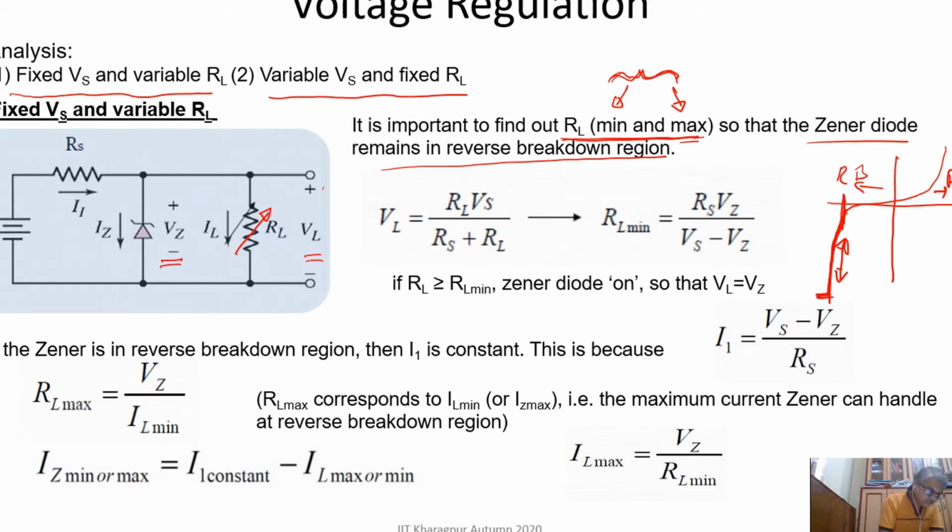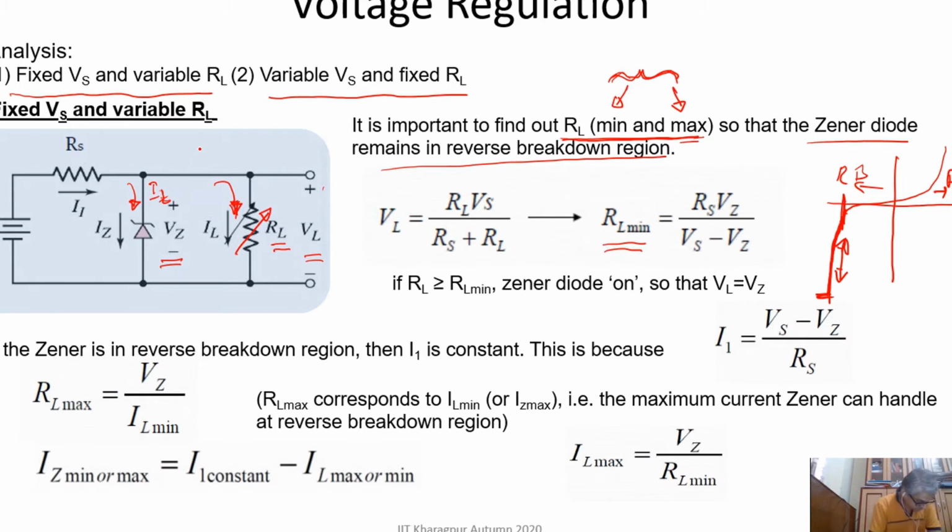So let's find RL min. How will we find RL min? RL min means that this load resistance is minimum. That means maximum current is flowing through the load resistance, right? So if maximum current is flowing through the load resistance, we can assume that the current through this Zener, IZ, will be minimum.